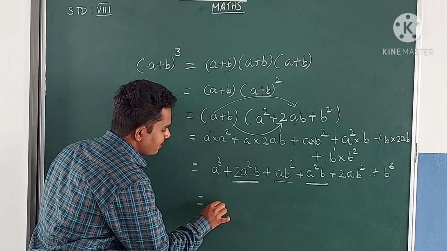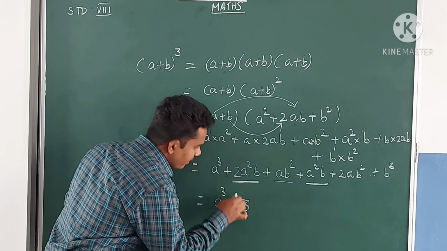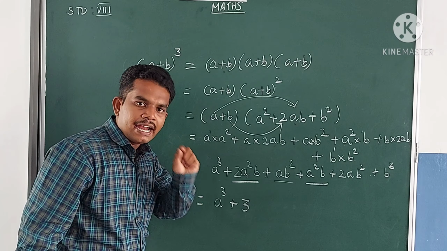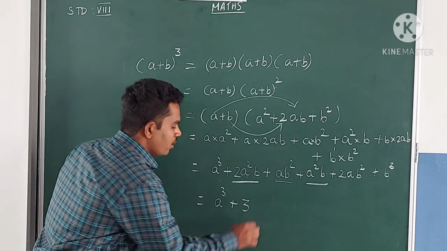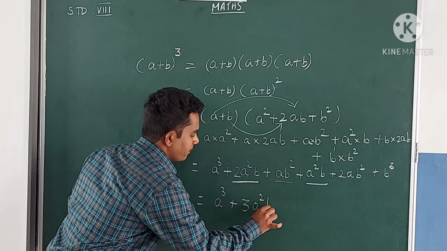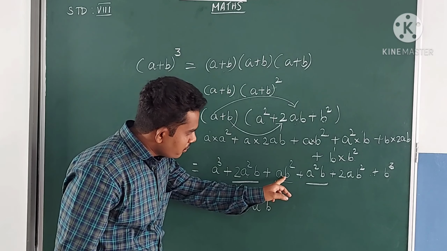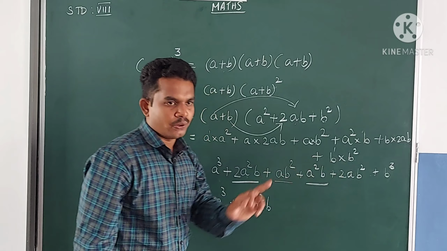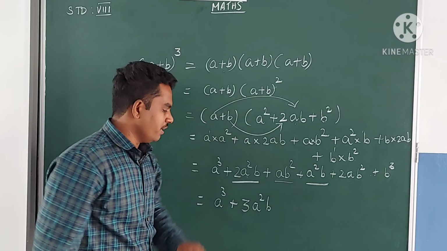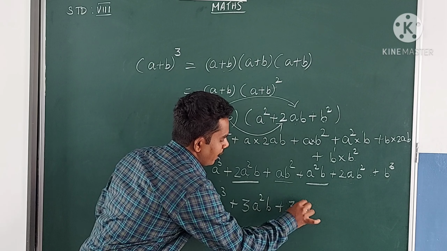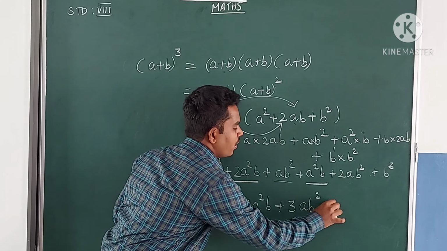So you can write a cube plus 3. You can only add the coefficient itself, don't add the variables. 3a square b. Same ab square. Here 1ab square, here 2ab square. So 1 plus 2, 3ab square. 3ab square plus b cube.